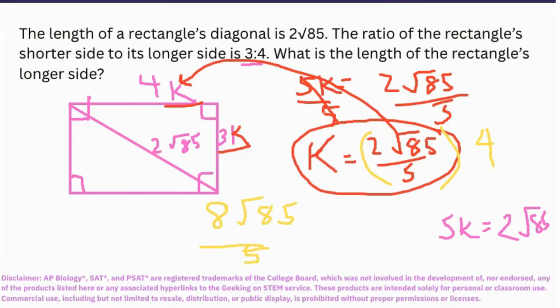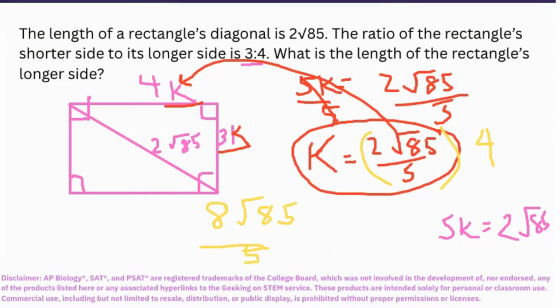You can plug it into Desmos if it's a multiple choice question and solve for the decimal form, making sure that you round appropriately as needed. But this is the final answer if you were to leave it like this and it was a multiple choice answer. So basically this problem is testing your understanding of multiple concepts in the same problem.